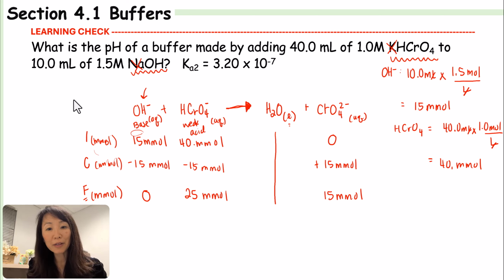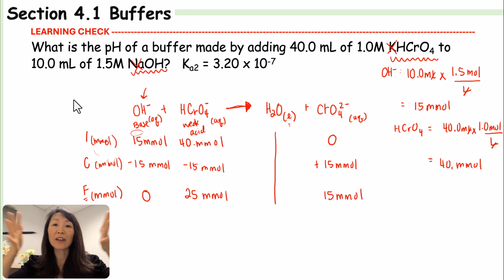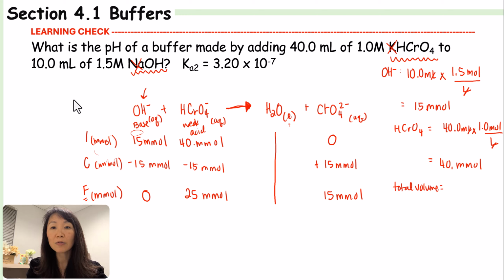After you find the millimoles, you want to go into the concentration. So you want to find molarity. To find molarity, you must have moles and you must have liters. Well, how much liter? We will have to add the total amount of volume. So total volume is equal to 40 from the HCrO4 and also the 10 ml from the hydroxide, so plus the 10.0, and so that would give me 50.0 ml.